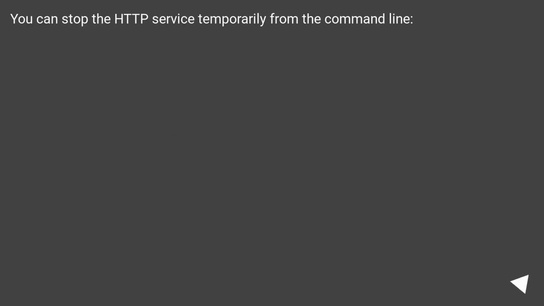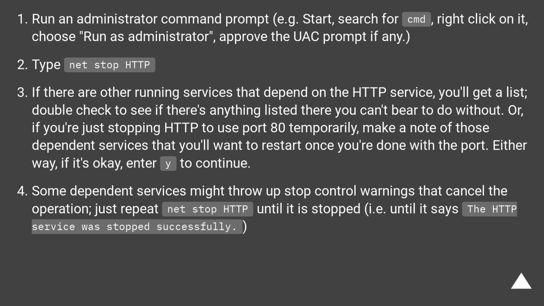You can stop the HTTP service temporarily from the command line. Run an administrator command prompt, for example start, search for CMD, right-click on it, choose Run as Administrator, approve the UAC prompt if any. Type net stop http.